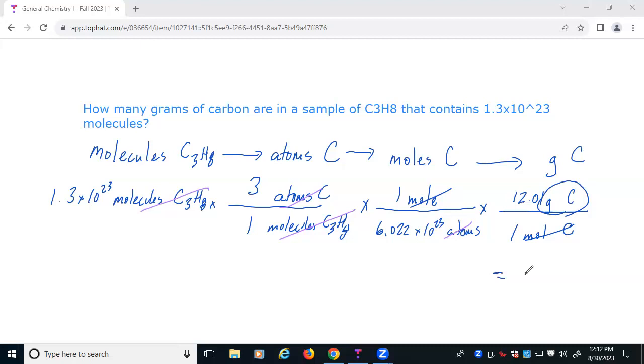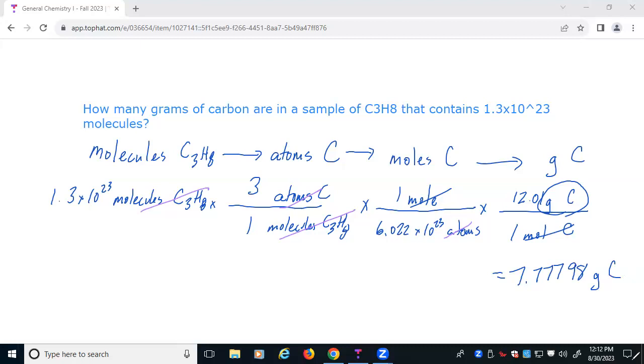So I carry this all the way through: 1.3 times 10 to the 23rd, multiplied by 3, multiplied by 12.01, divided by Avogadro's number. My calculator tells me this, 7.77798 grams of carbon.